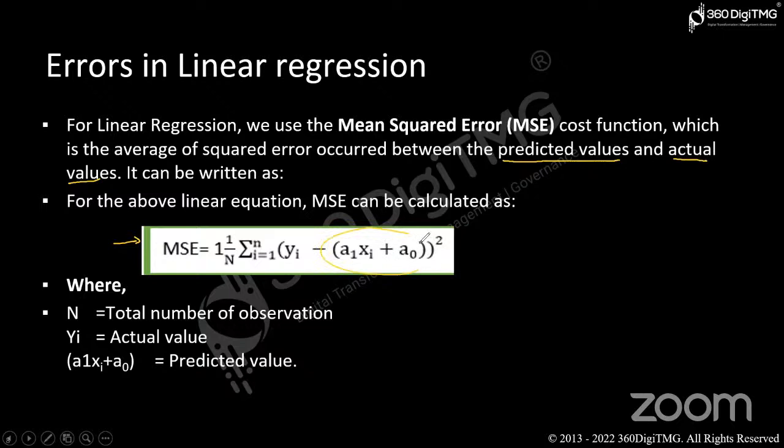So this is your predicted value. yi is your actual value, and n is the total number of observations.